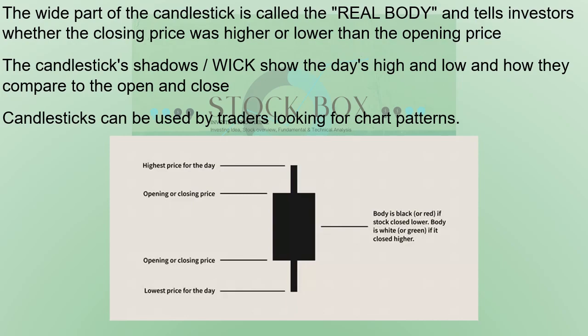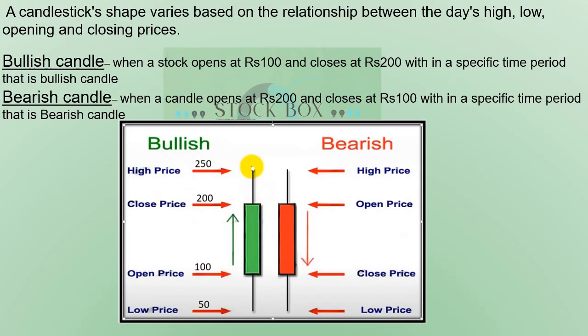This might be a little technical on the first go, but go through the video once or twice and you can get the concept. A candlestick's shape varies based on the relationship between the day's high, low, opening and closing prices. So here are the two main candles, the bullish candle and the bearish candle.